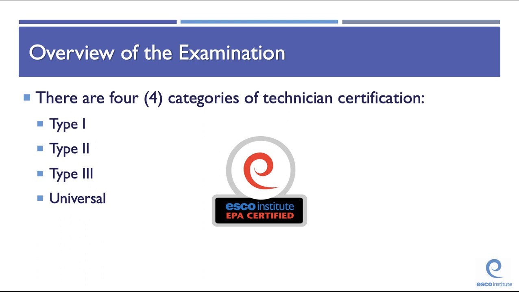You have Type 1, you have Type 2, you have Type 3, and Universal. Each section of the test contains 25 multiple choice questions. The technician must achieve a minimum passing score of 70% in each section that they wish to be certified in. You also must pass the core.